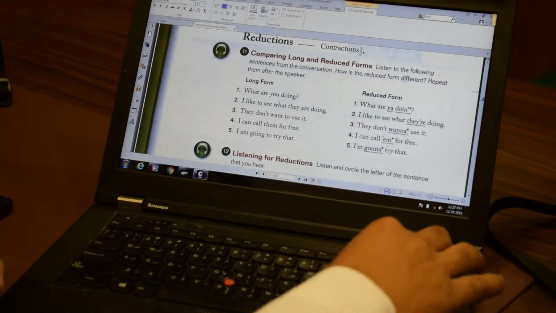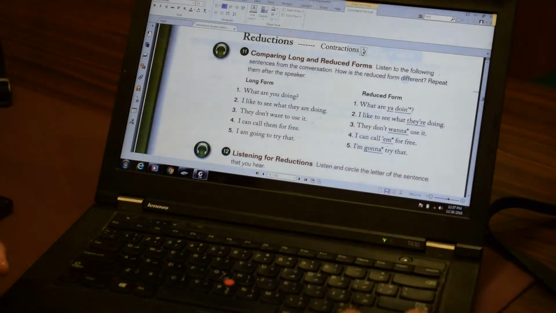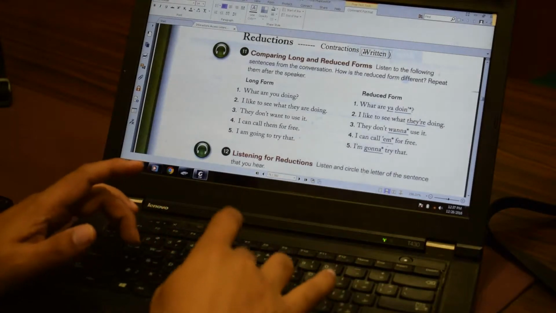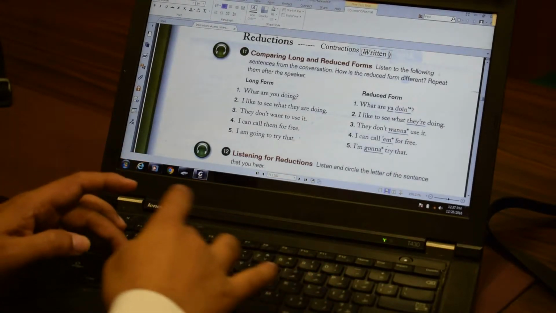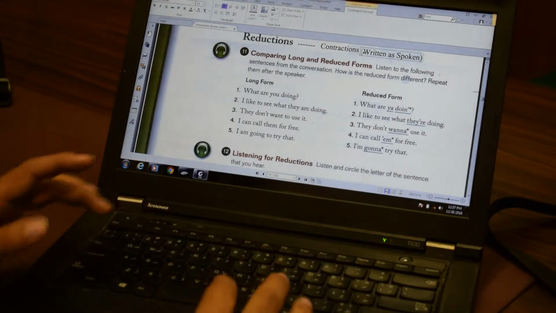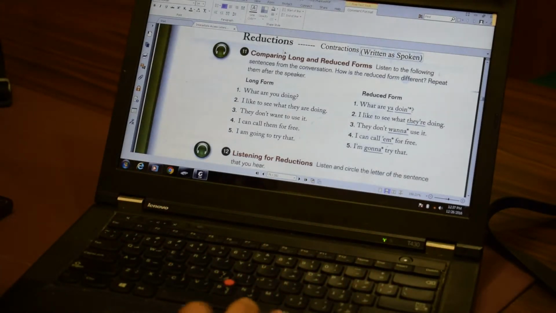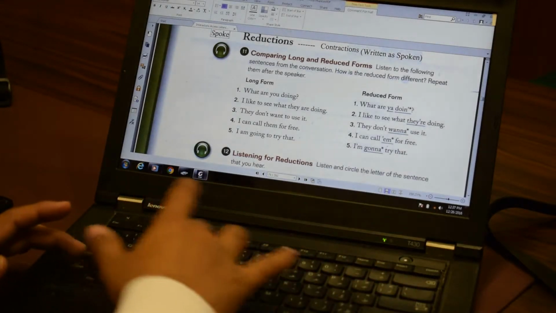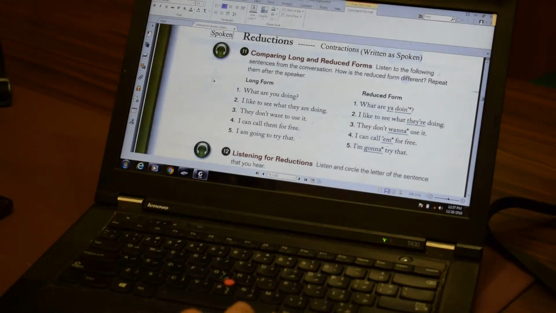But remember that contractions are in written English as well as spoken English, whereas reductions are just in spoken English. They are used in speech, they are not used in written English. They are not accepted in written English.